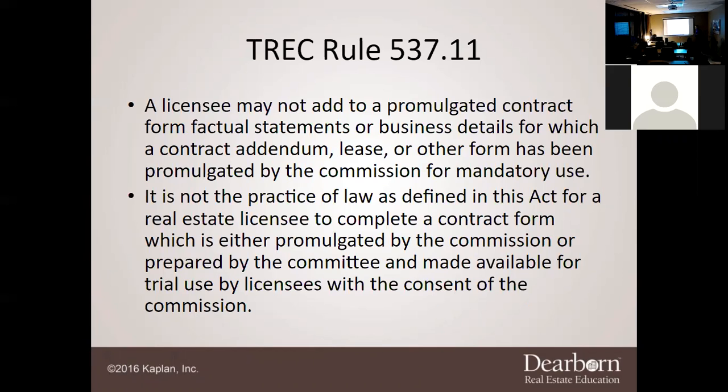For example, a client says, I want to purchase the property, but then I want to lease the property as well. So Jarek goes into special provisions and says, client will lease property. Is that acceptable? No, because what do we already have promulgated? We have a lease. So you can't just willy-nilly enter information if we already have the forms.